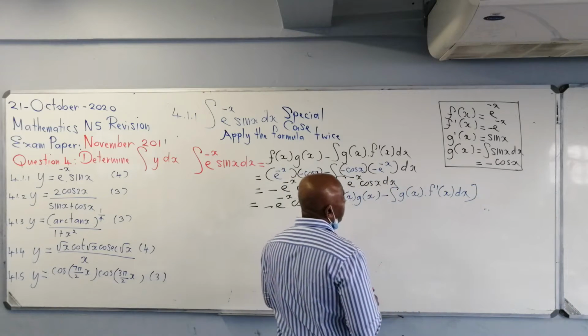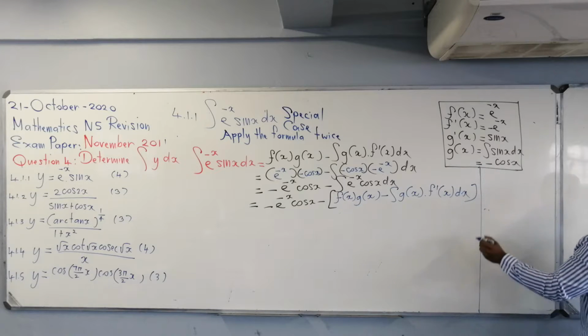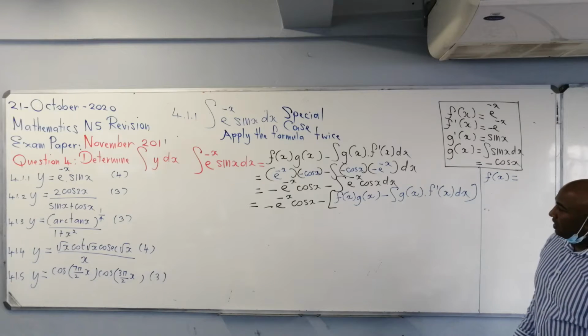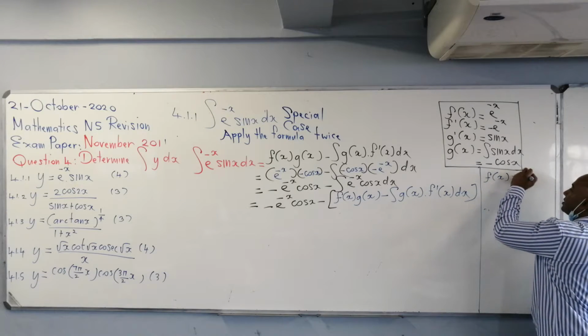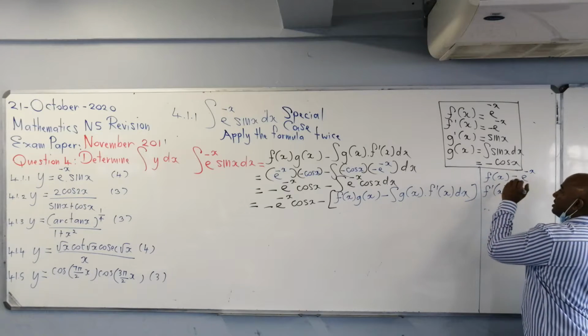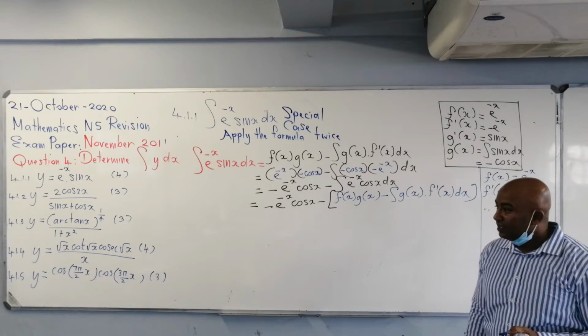So for the second time, let's write it down here. So now, what is my f of x? My f of x here is still e to the power minus x. So f prime x, the derivative here, is minus e to the power minus x.